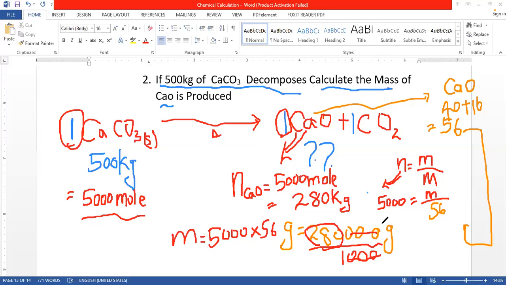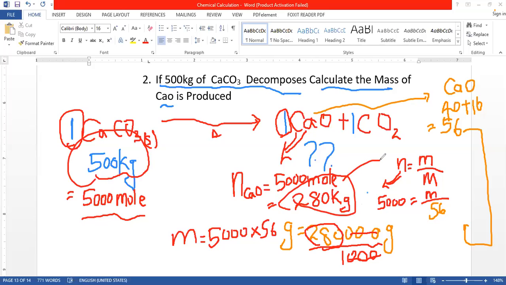Using this 5,000 mole, you use given mass over molar mass: molar mass 56 into 5,000, and the answer would be 280 kilogram. When you decompose 500 kilogram of calcium carbonate, you would get 280 kilogram. That's all.